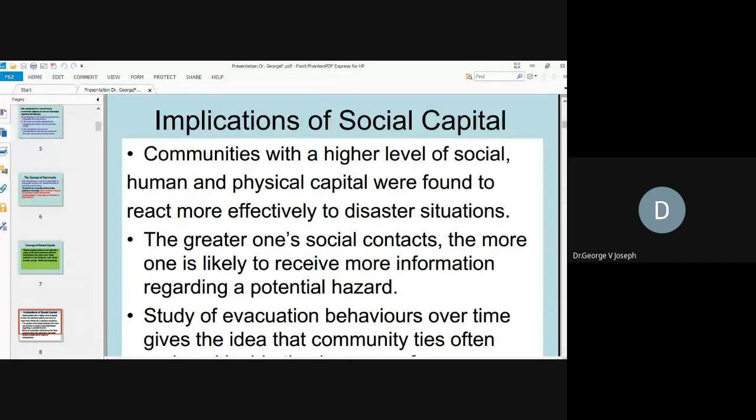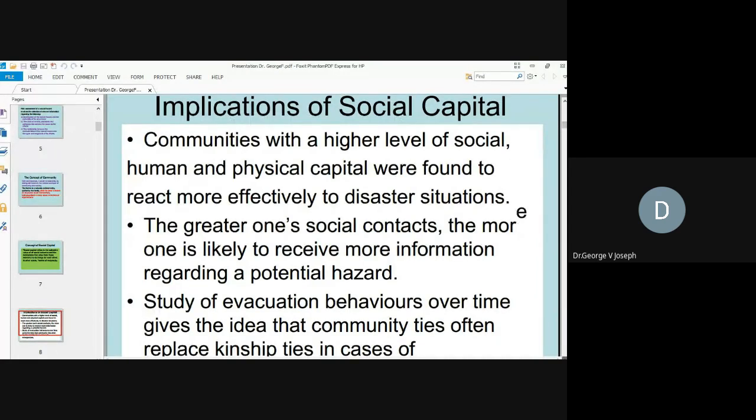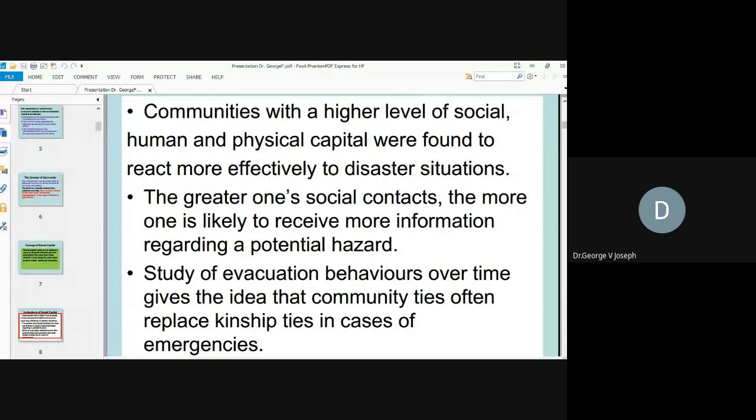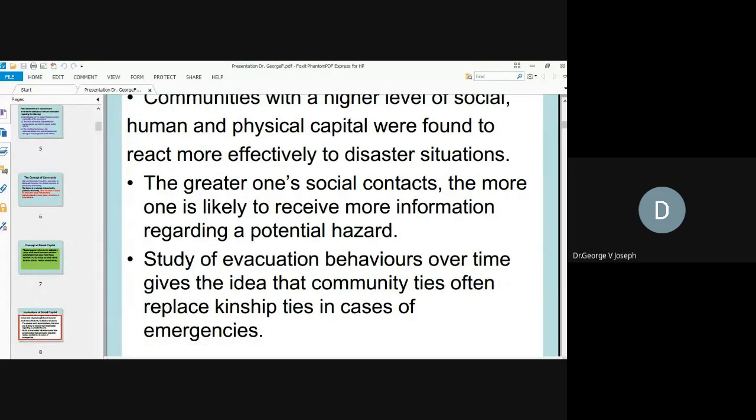Study of evacuation behaviors over time gives the idea that community ties often replace kinship ties in case of emergencies. So even if you belong to various types of caste or kinships, many times the community people, irrespective of the affiliations in terms of kinship or caste or religions, are able to help each other and tide over the situation. So this is again an important issue.